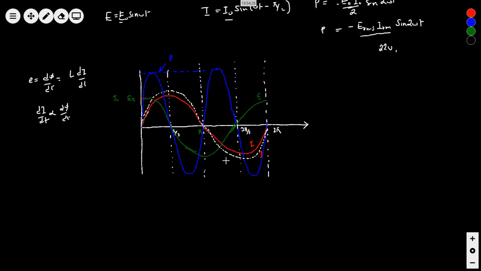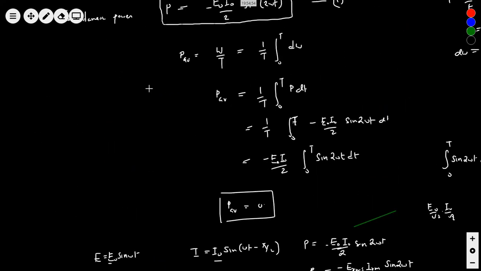Here, this is phi. This one is magnetic flux, how the flux is changing in the inductor. So I hope it's clear. Green one is the voltage, red one is the current, blue one is the power, and the dotted one is the magnetic flux. This is what is going on in this circuit.